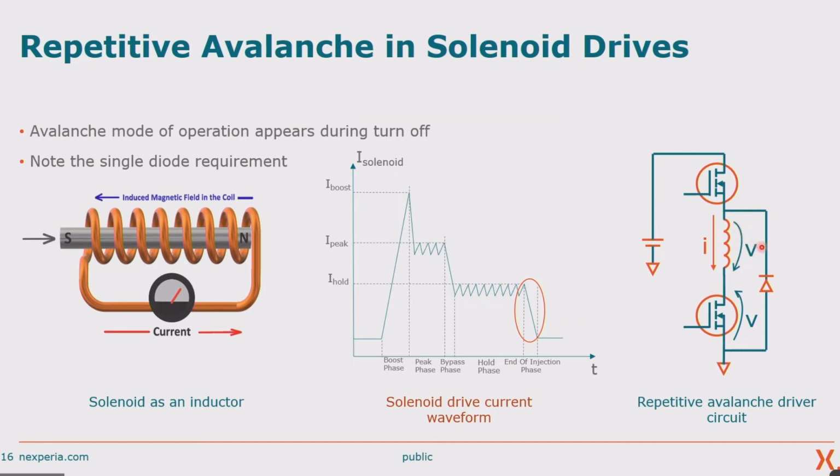This voltage is then transferred to the FET via this diode, and the voltage rapidly increases until the FET reaches its avalanching voltage and breaks down. So eventually the inductor can get the current down to ground, but at a significant cost of voltage and therefore energy as well. So the current will decay in a pretty fast manner.